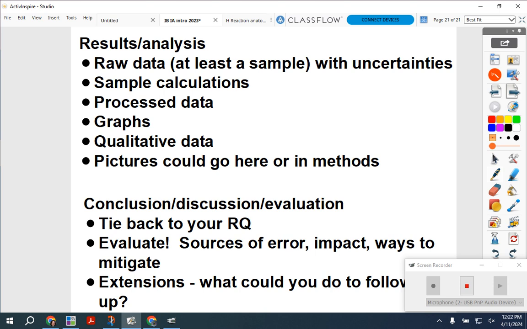And then after your results, you can, again, format this in just one big section or multiple sections, however you want to do it, that should include your conclusion. What do you conclude from your experiment? And please, this is another thing a lot of people last year didn't do, tie it back to your research question.